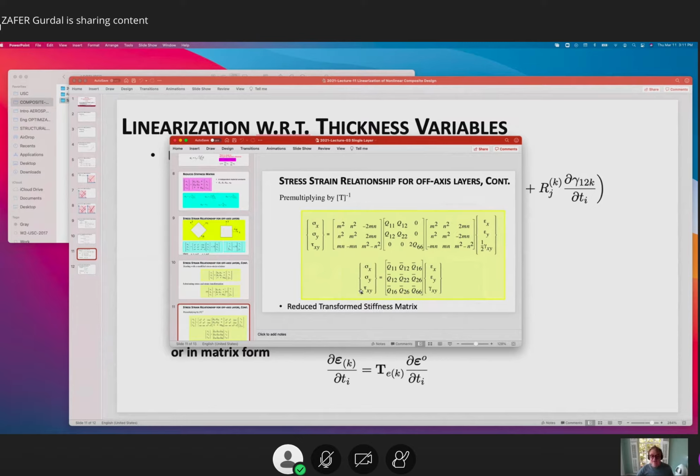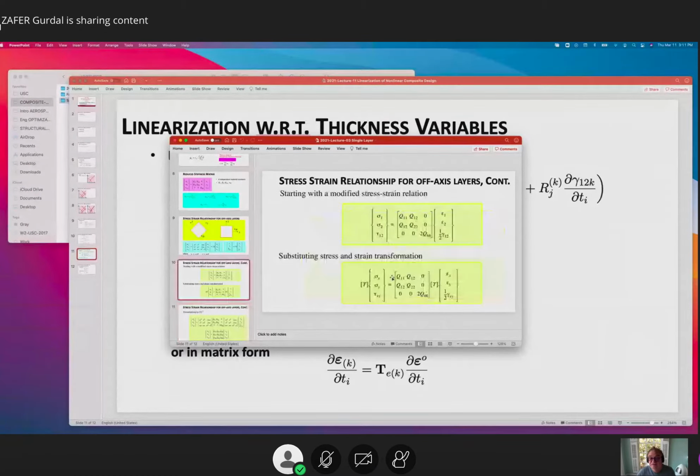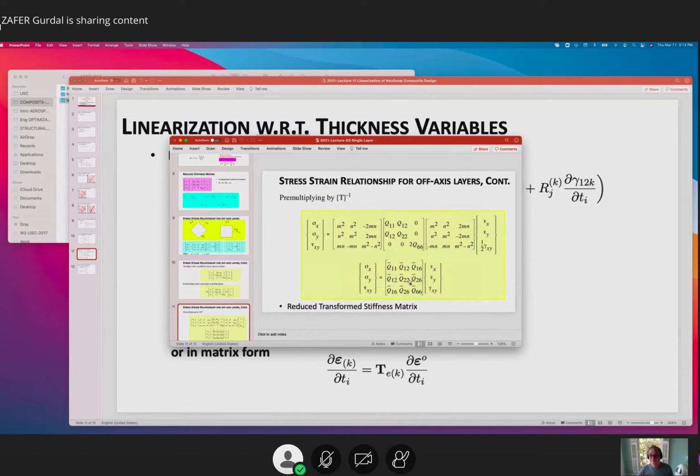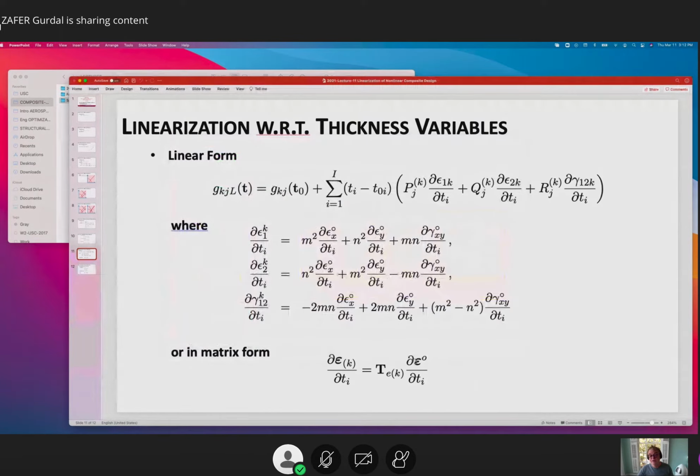And then from this, I actually use the transformation matrix, with sigma equals Q, and I put the strains in there and get the same that I want. Okay? So either way is fine.